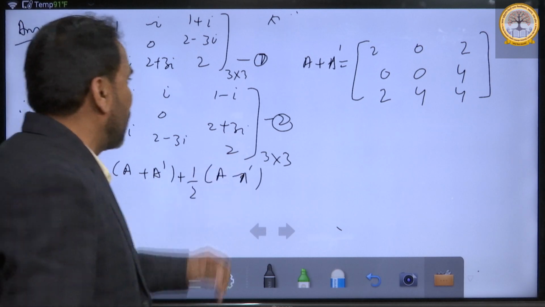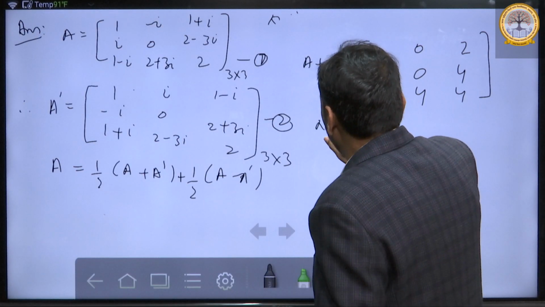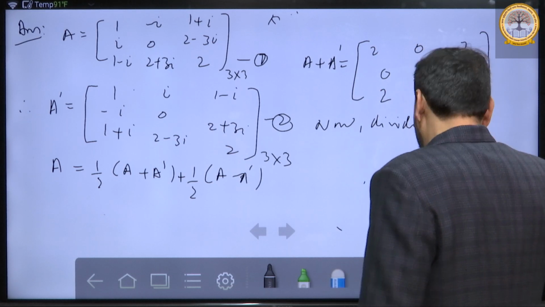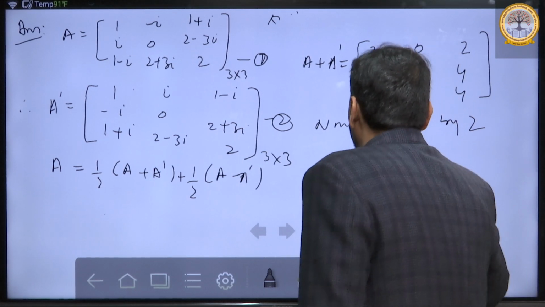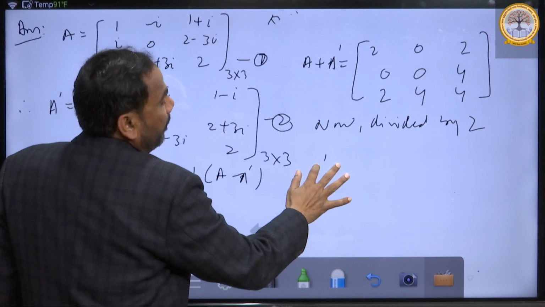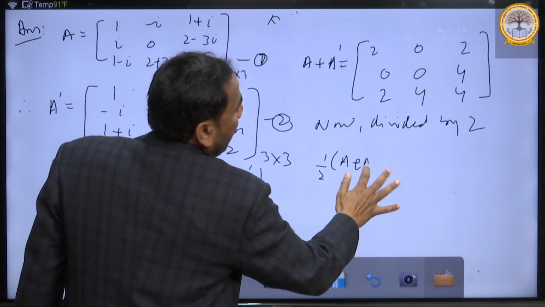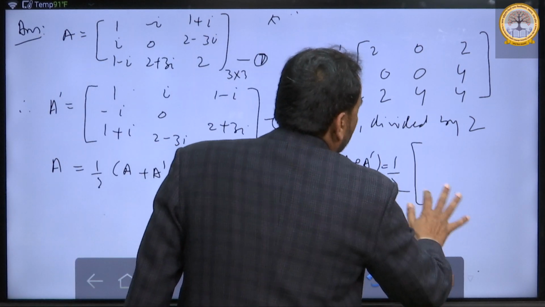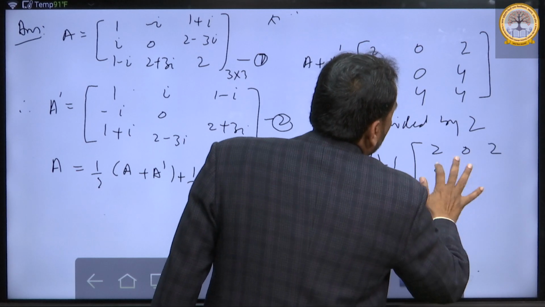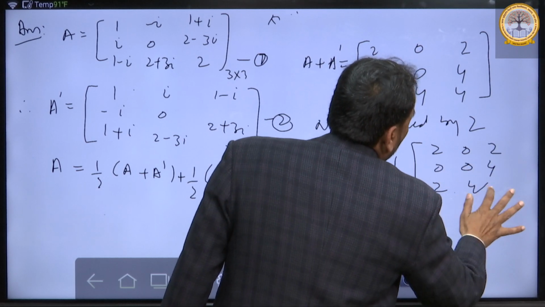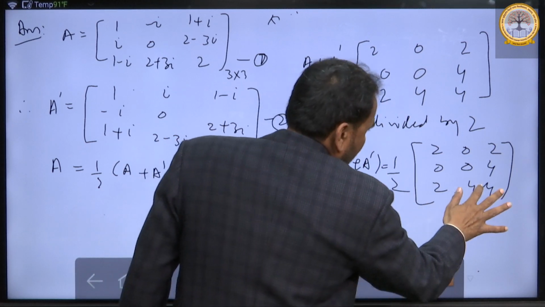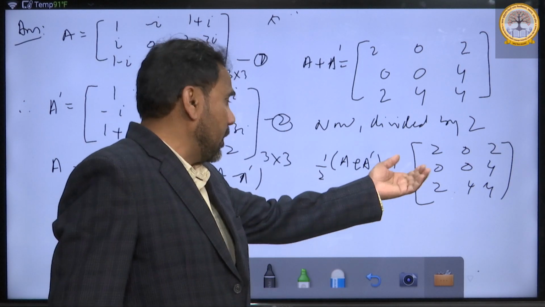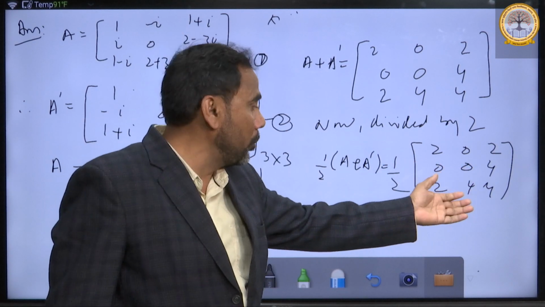Okay, we solve it. Now divide by 2. So 1/2 (A + A dash) is equal to 1/2 of the matrix [[2, 0, 2], [0, 0, 4], [2, 4, 4]].